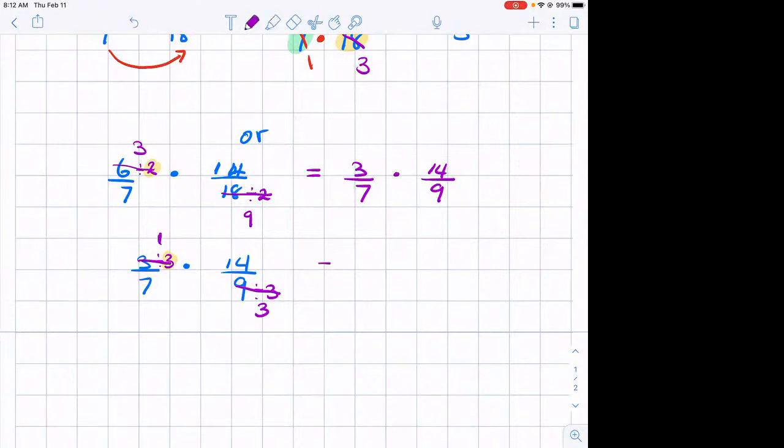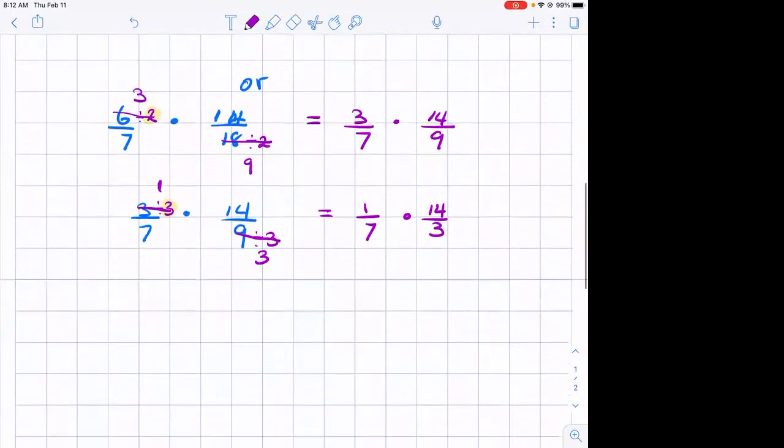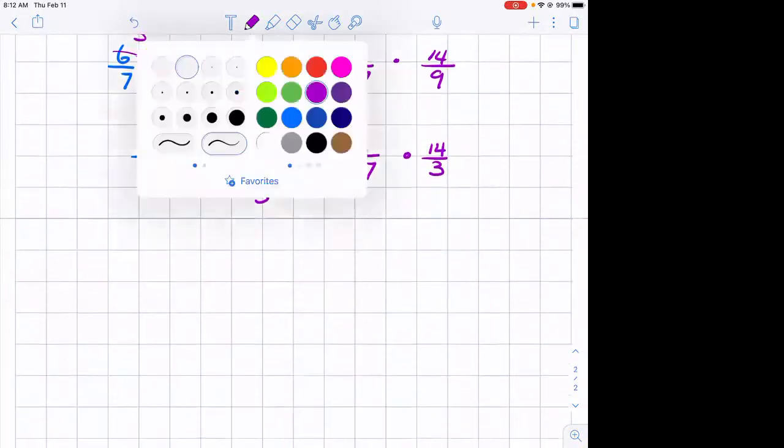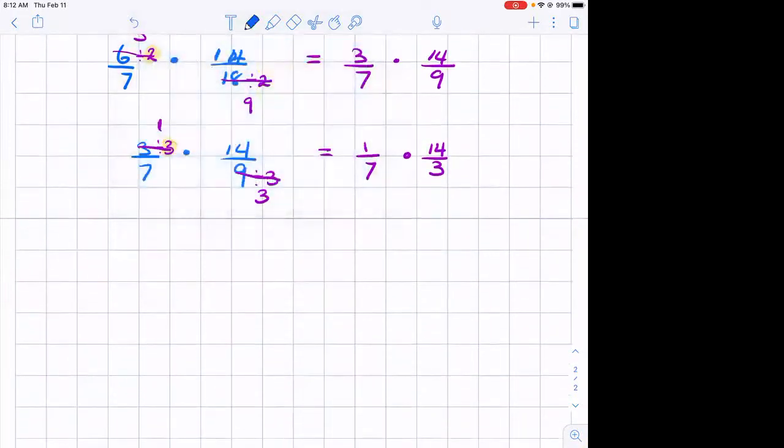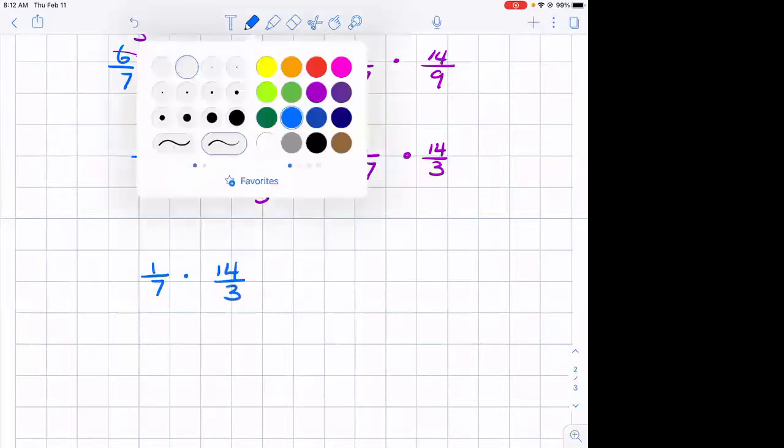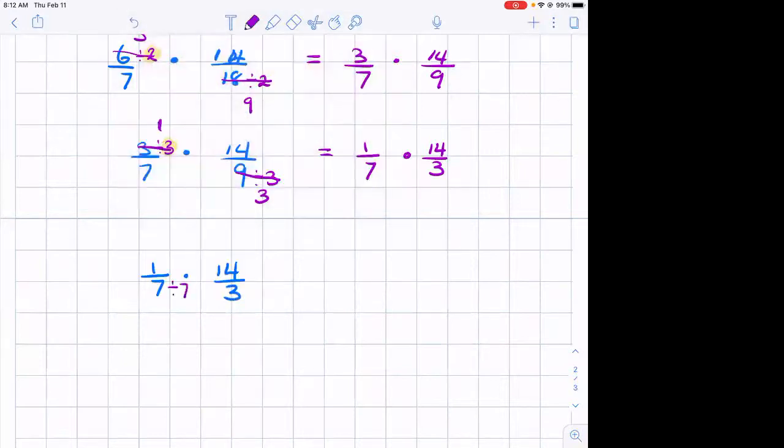So if we do this, what do we have now? 1 over 7 times 14 over 3. And then if you look at this again, you can divide here by 7 and divide here by 7. So 7 divided by 7 is 1, 14 divided by 7 is 2.